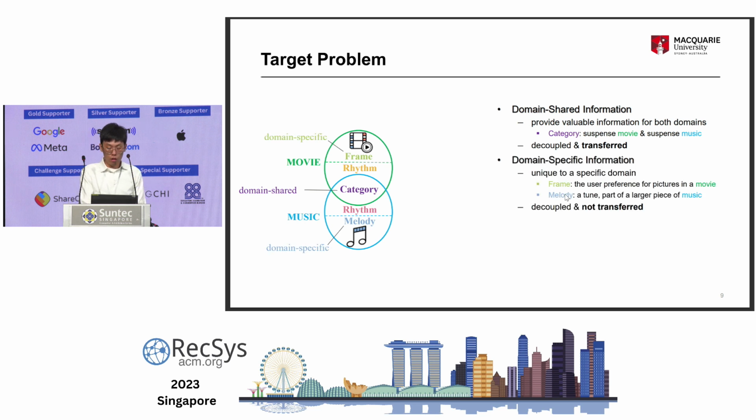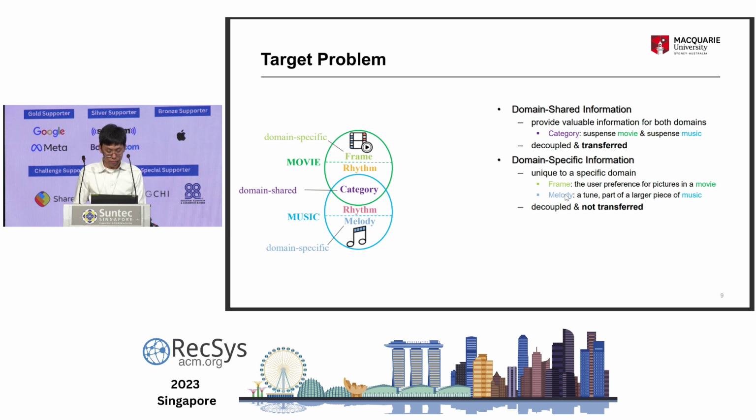What's more, there also exists domain-specific information. For example, here, the user preference for pictures in a movie, that is the frame, in the movie domain. Since it is unique to the movie domain, it cannot be transferred to the music domain, or it will cause negative transfer.